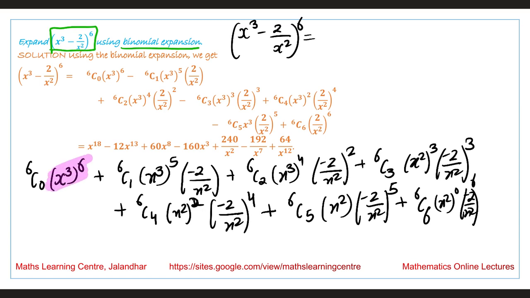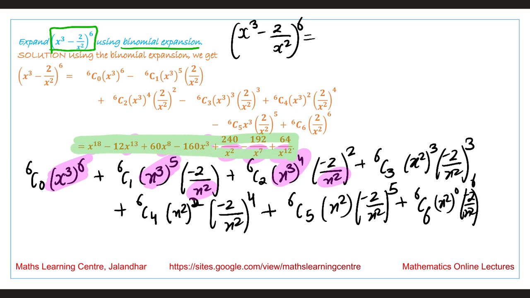This is x^18. Next it is x^15 by x^2, we are left with x^13. This is x^12 by x^4, it is x^8. Next is x^3, x^2, x^7 and x^12. And we obtain the final answer in this form.